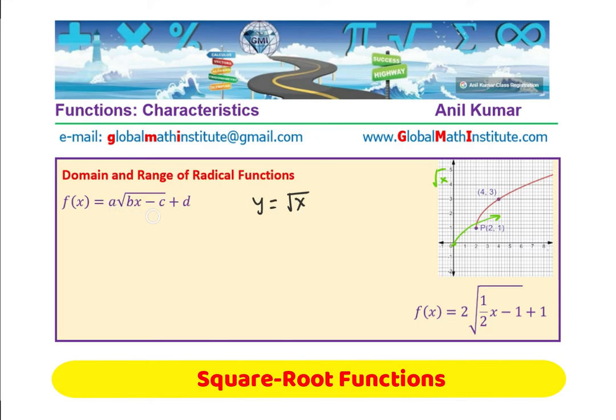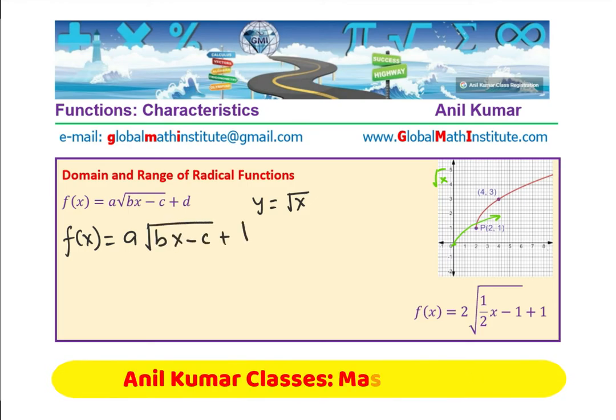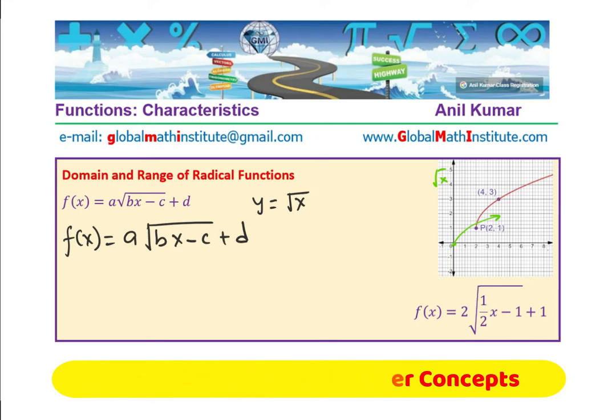Now we have a transformed function here, which is, let me write it slightly bigger, f(x) = a√(bx - c) + d. Very important equation. Now, this is the most constrained function we are dealing with. Both domain and range are restricted.